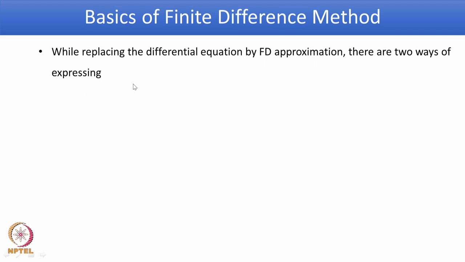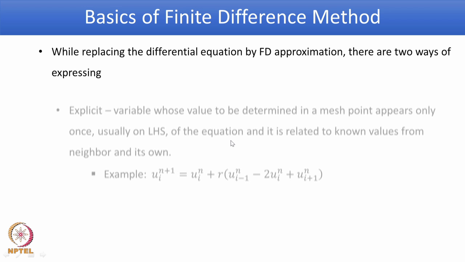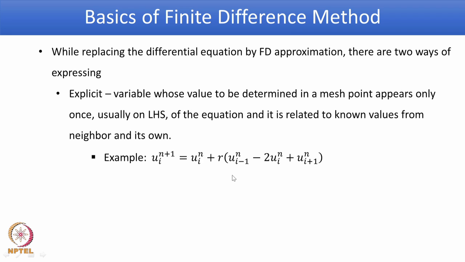So, while replacing the differential equation by a finite difference approximation, there are 2 ways of expressing. The first one is an explicit way of expressing. For example, if you are solving the u momentum equation, u is the variable of interest, and if you are solving the energy equation, temperature may be the variable of interest.